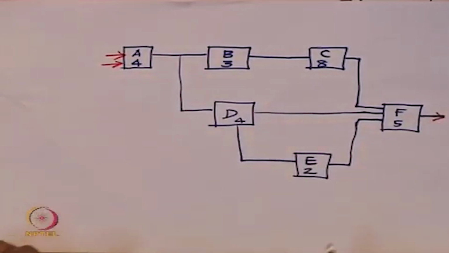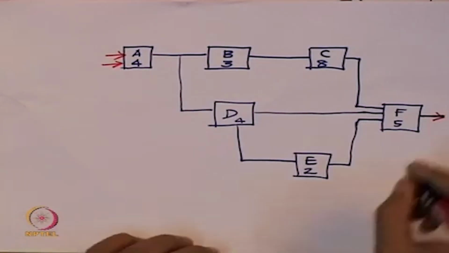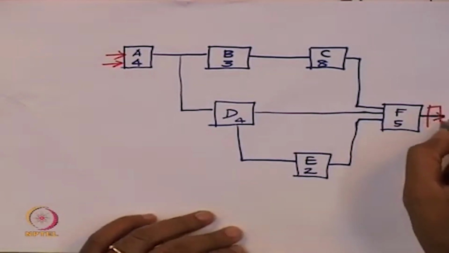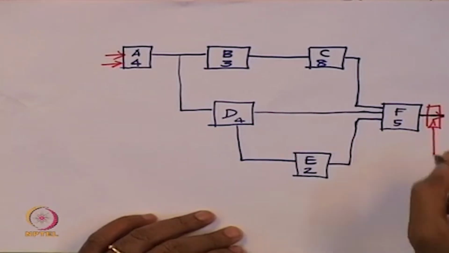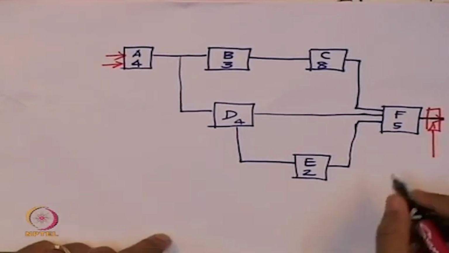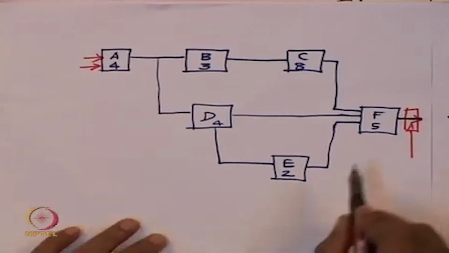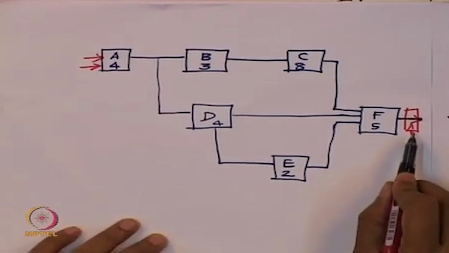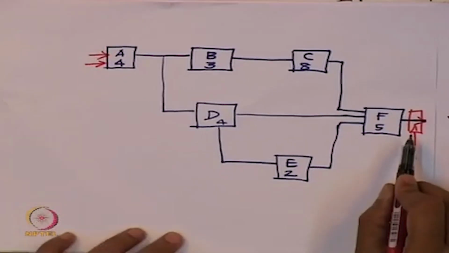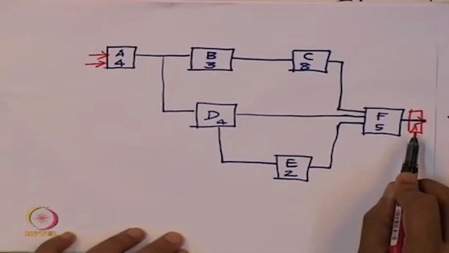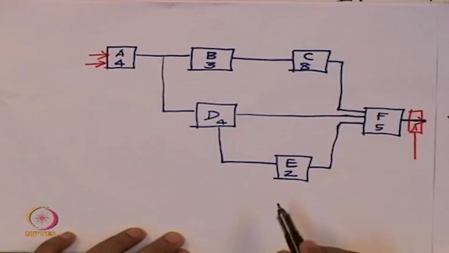If I want to pipeline, the first thing you have to do is put a flip flop right here. So this is going to be a flip flop stage. Every pipeline circuit should have a flip flop at the output. So I put a flip flop here.